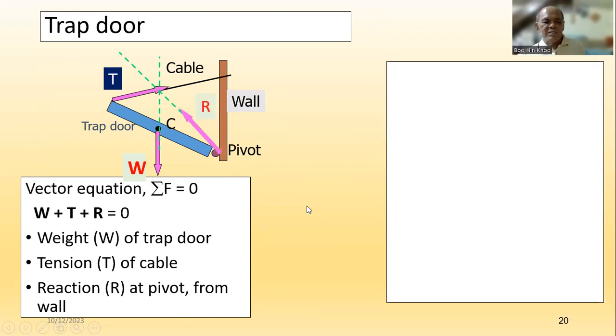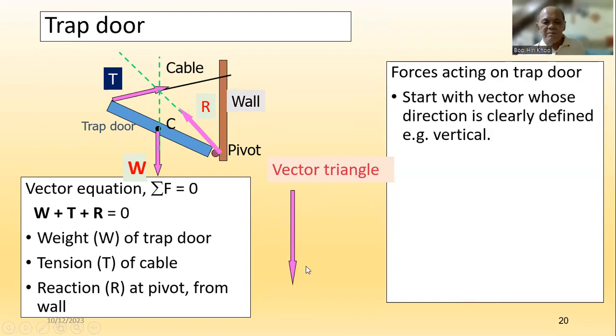And you can write our vector triangle, W plus T plus R. Right? It's not an algebraic equation, it's a vector triangle. That means you must draw the diagram showing the direction of the vectors. Right? Vector triangle, start with W, vertical downwards. Then we can draw our T, parallel.